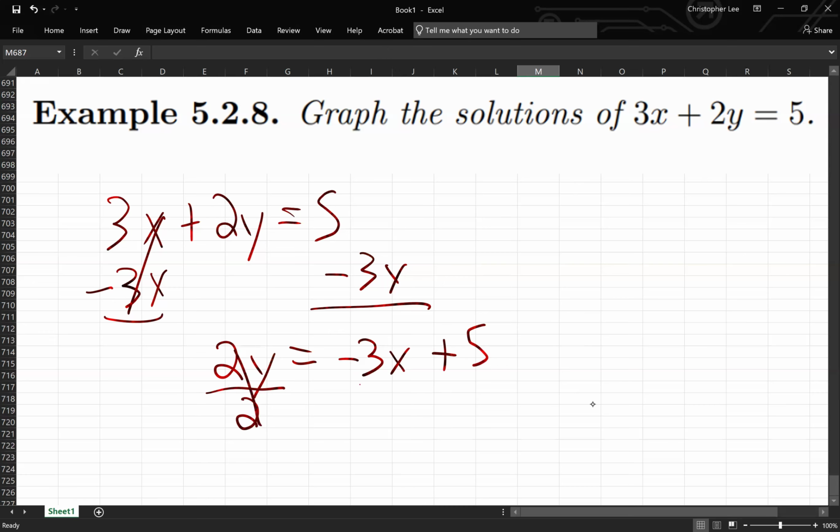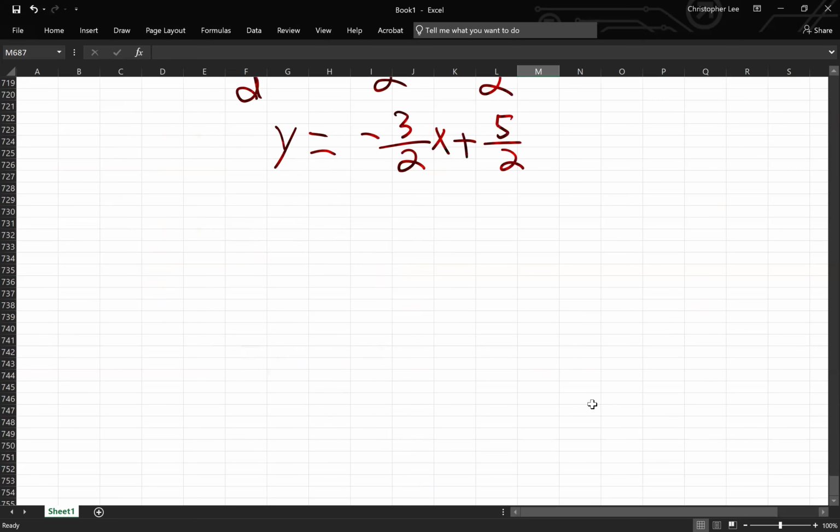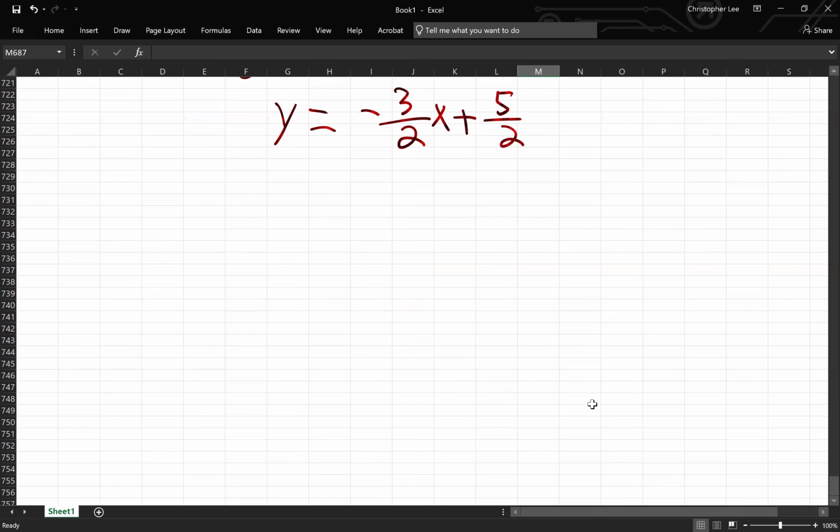Divide everybody by 2. So I have y is equal to negative 3 over 2 x plus 5 over 2. Bring down the x.